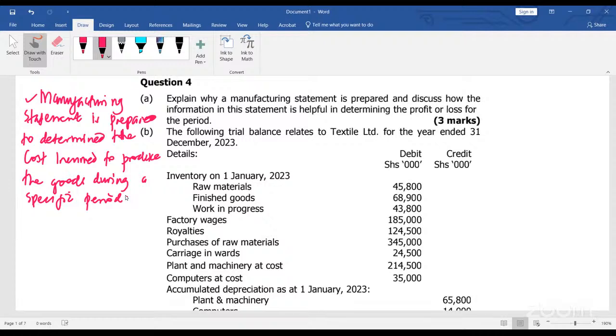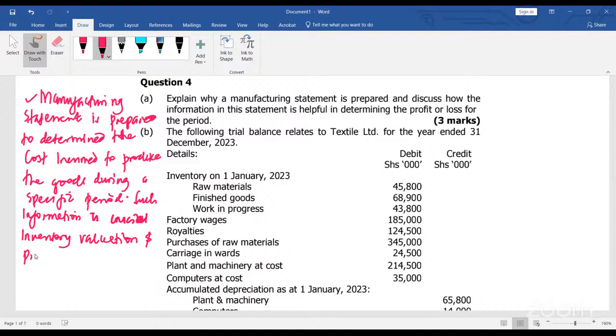Such information about the costs is crucial for inventory valuation and the profitability assessment.